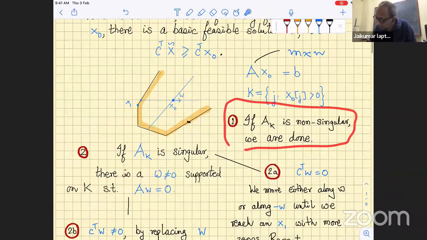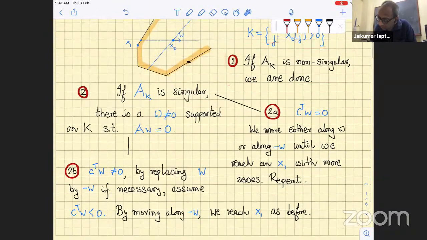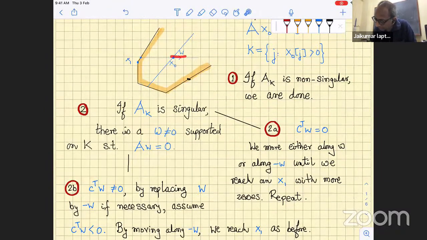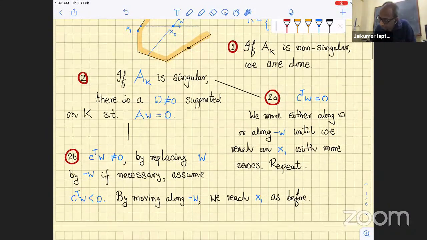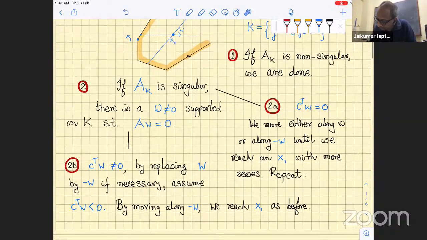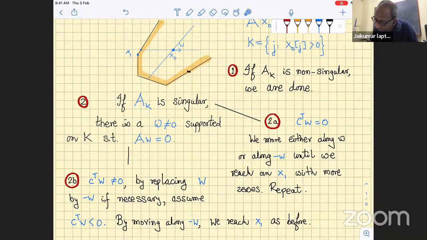But it may be that this condition doesn't hold. That is, moving in the direction W changes the objective. Then we have to be slightly careful.